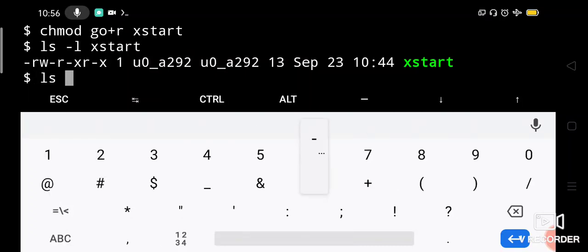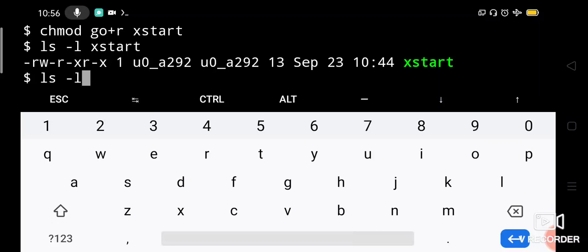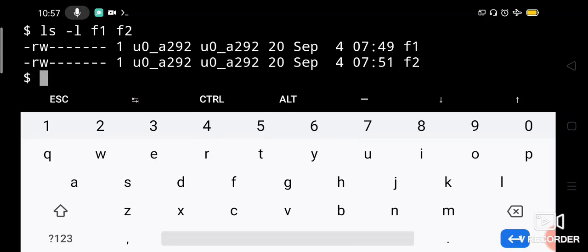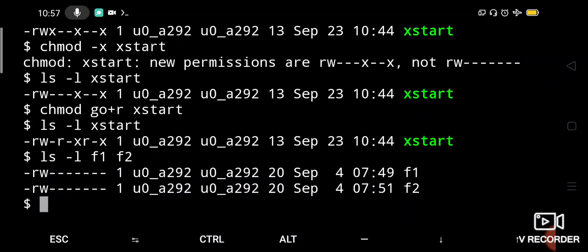We should say -l, and f1 and f2. So these are the default permissions: read, write permission for user and no permission for others. Let us change only f1 and f2. Let us not consider xstart this time.